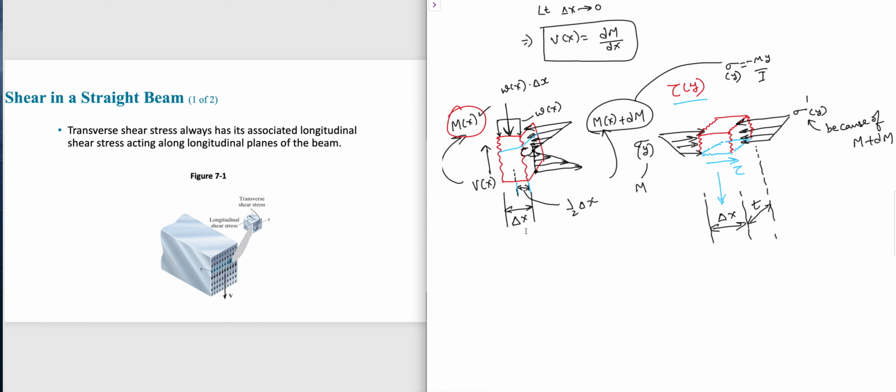I'm not drawing this m plus dm any longer because I'm replacing the effect of moment with the stress here. Okay, then we're almost there for the derivation part. Then what we have is actually we have everything.